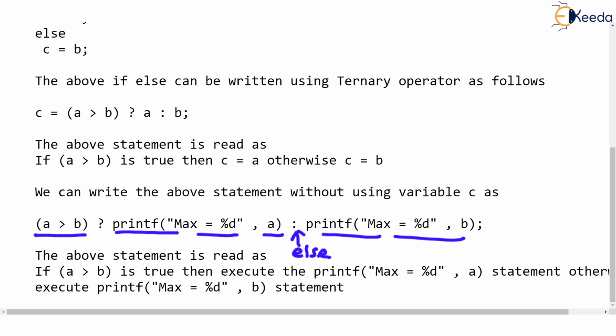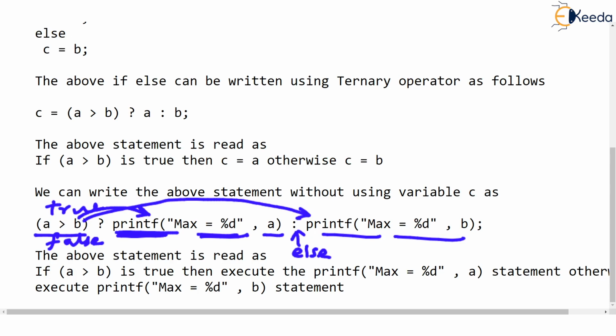So if this condition happens to be true, then the expression given after the question mark will run. So it will print A. Indeed, it should print A because A is greater than B. But if the condition is false here, then the part written after the colon should run.